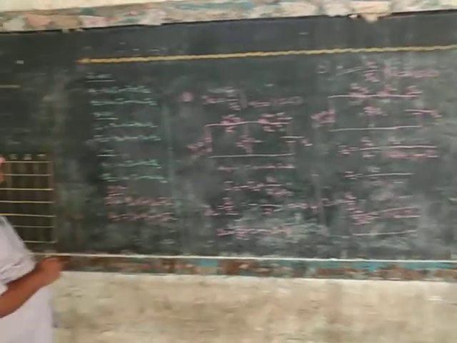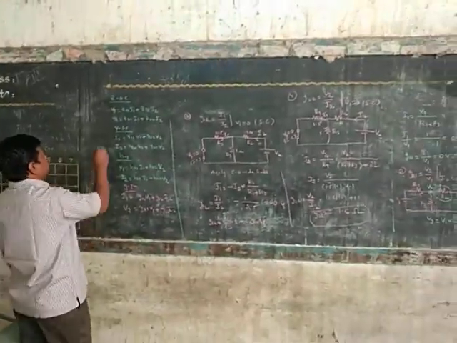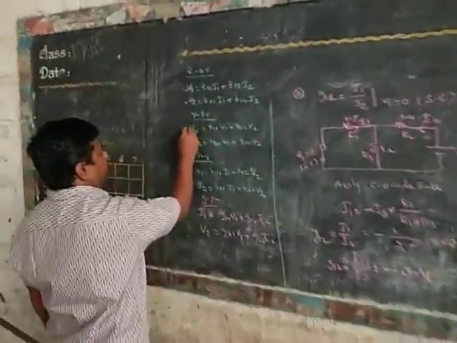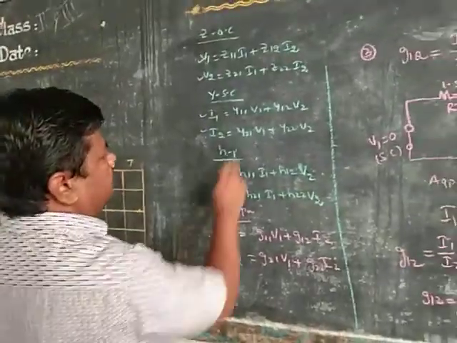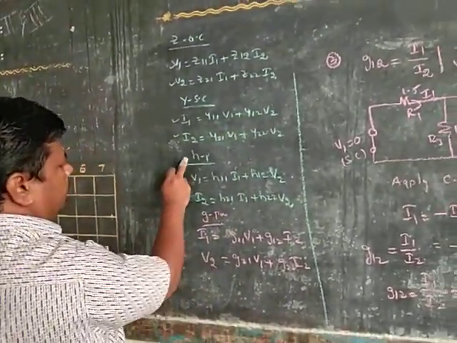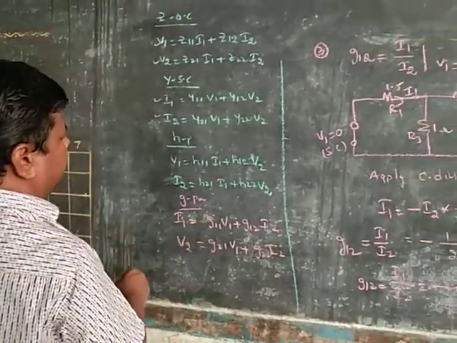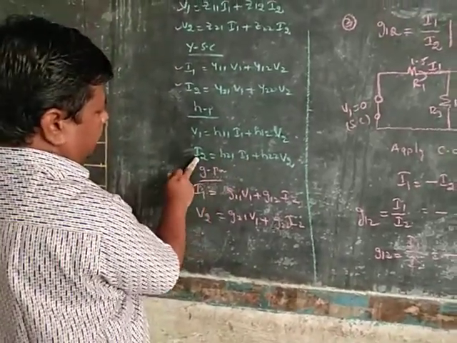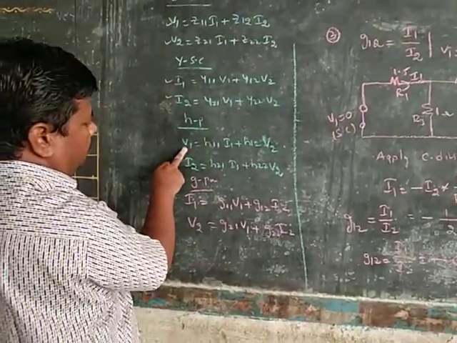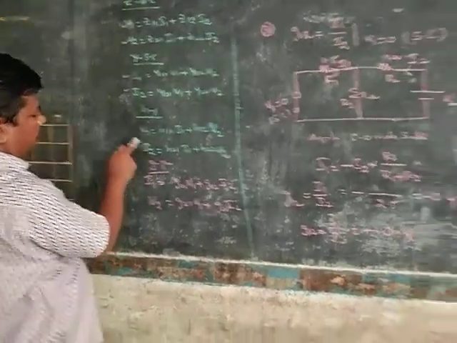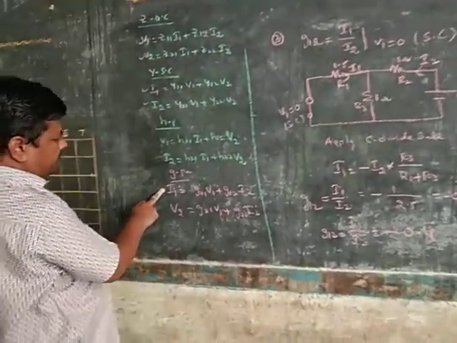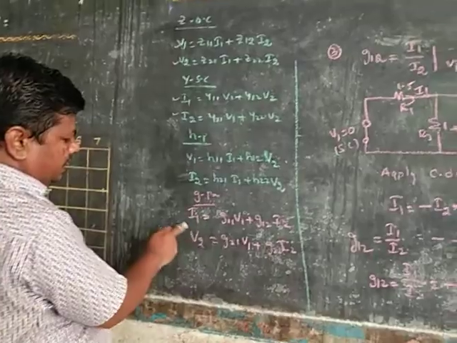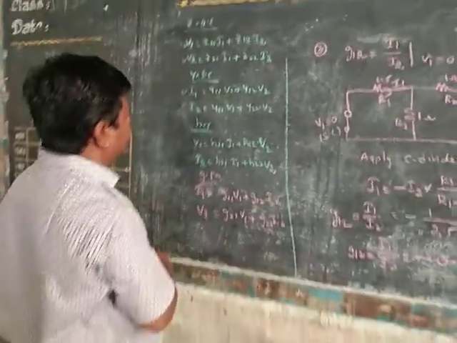First one is Z parameters, the open circuit parameters, where voltages V1, V2 depend on I1, I2. Y parameters are short circuit parameters, where I1, I2 depend upon V1 and V2. In hybrid and inverse hybrid parameters, one port voltage and the other port current are dependent. In H parameters, port 1 voltage and port 2 current are dependent. In G parameters, it is opposite: port 1 current and port 2 voltage are dependent.